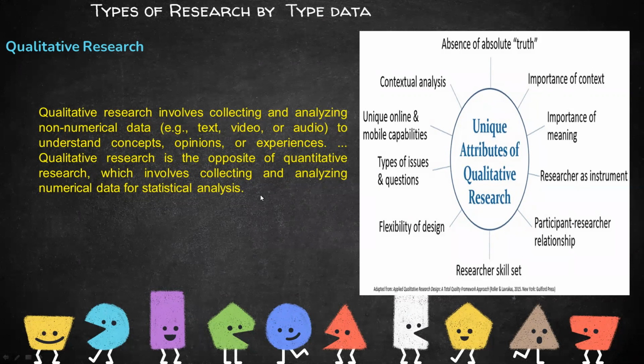But it has some limitations, qualitative research, because everybody is nowadays doing the quantitative research. The limitation is that whatever qualitative analysis we are doing, that may be the subjective conclusions.